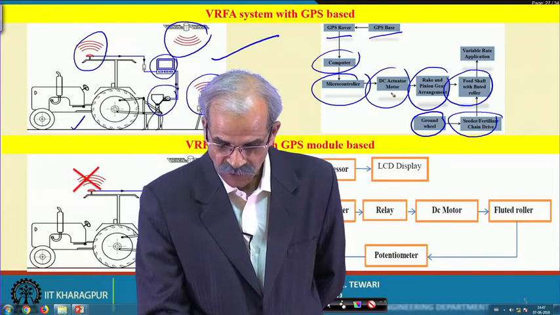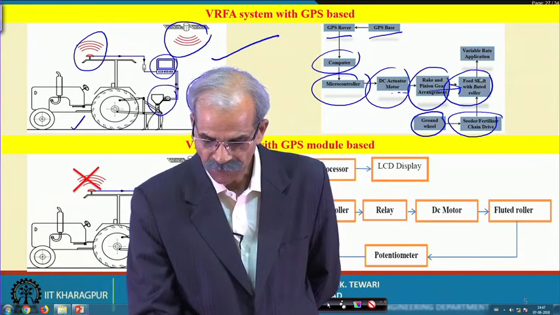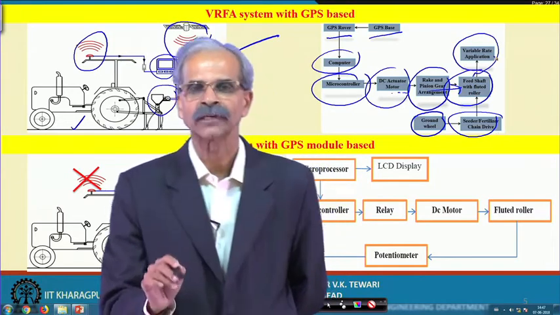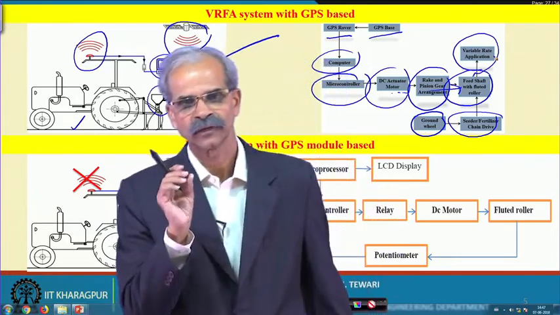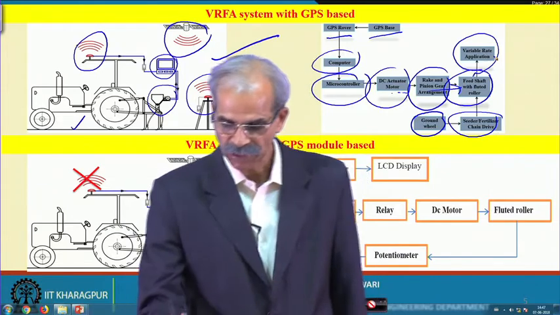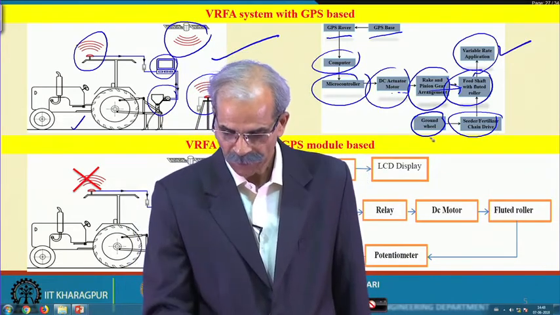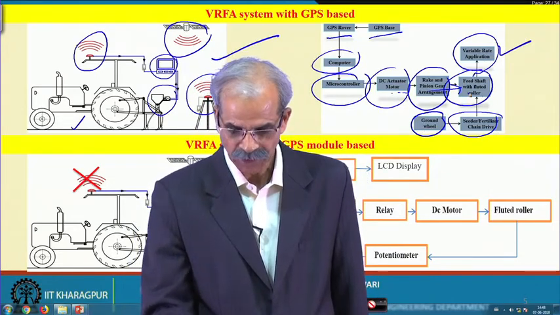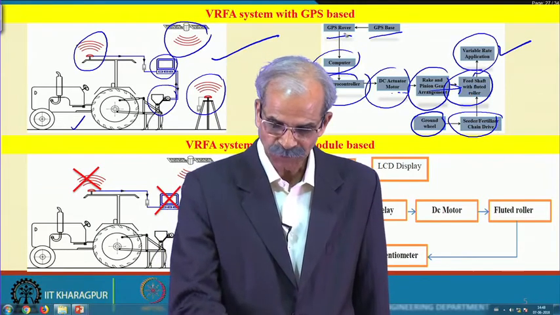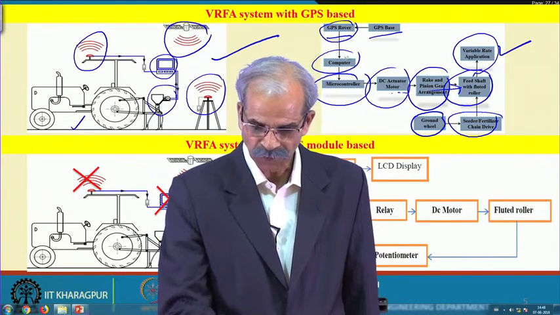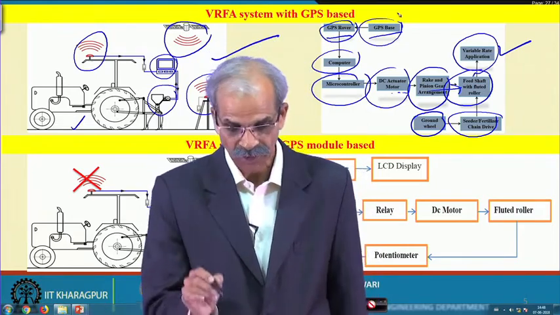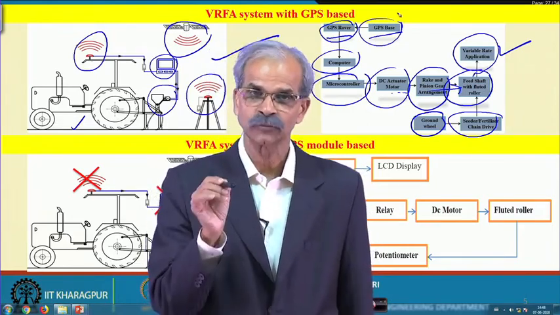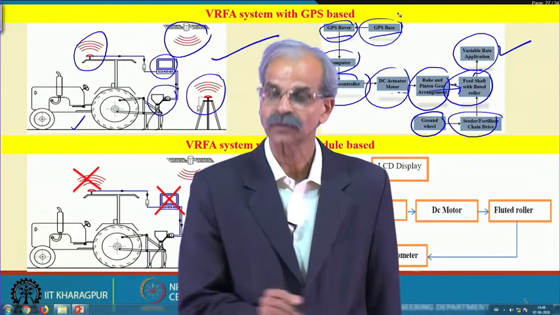Now, here this DC motor will do the job, and then the variable rate application will be applied, or the amount of fertilizer to be applied will be activated by the end of this, and power for the transmission is taken here. So, ultimately from the location of the GPS rover compared with the GPS base, we will have accurate information as to where the tractor has reached when it is going into the field.